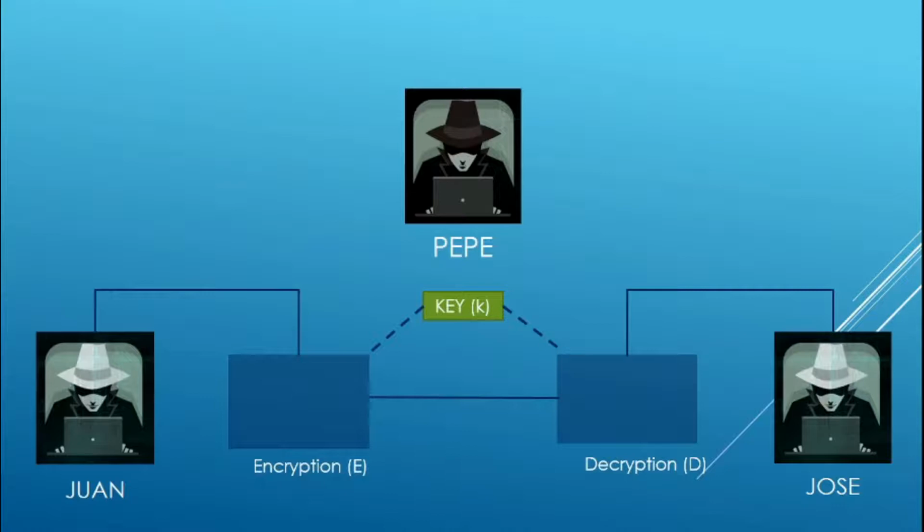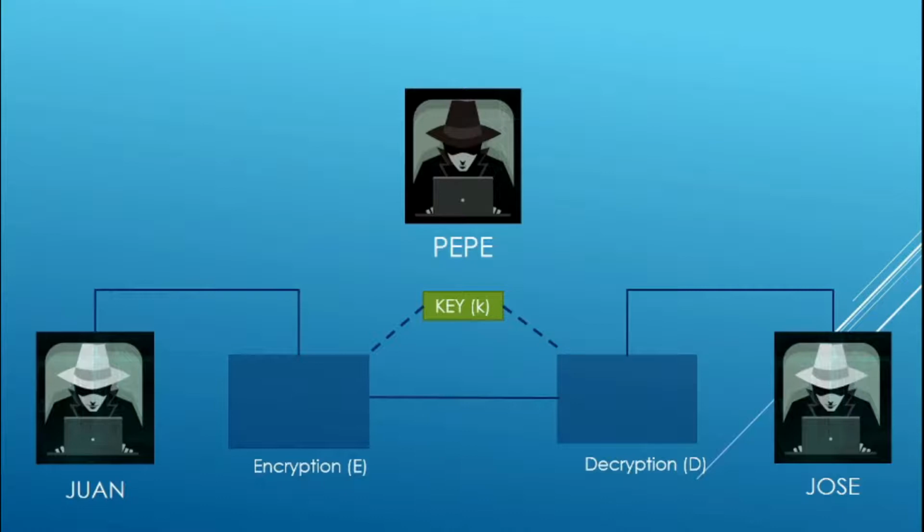So, even though encrypted yung actual na message yung sinend ni Juan kay Jose, using the decryption algorithm and using the same key, ku-convert yung encrypted message, yung ciphertext natin, into a plain text na mababasa ni Jose.